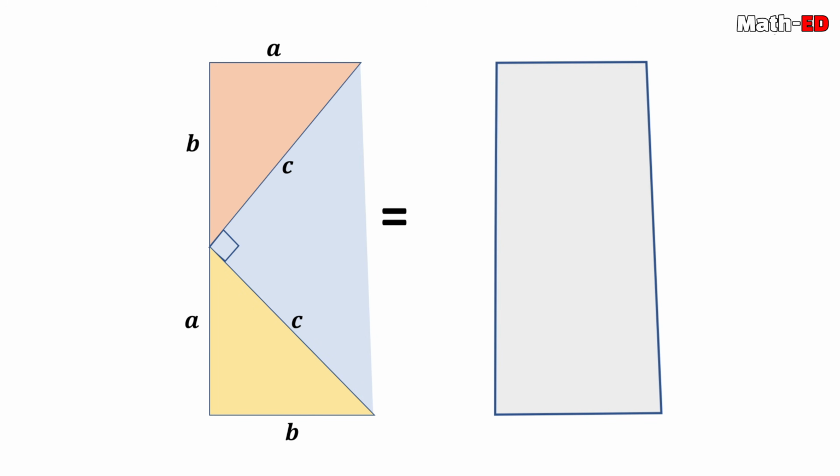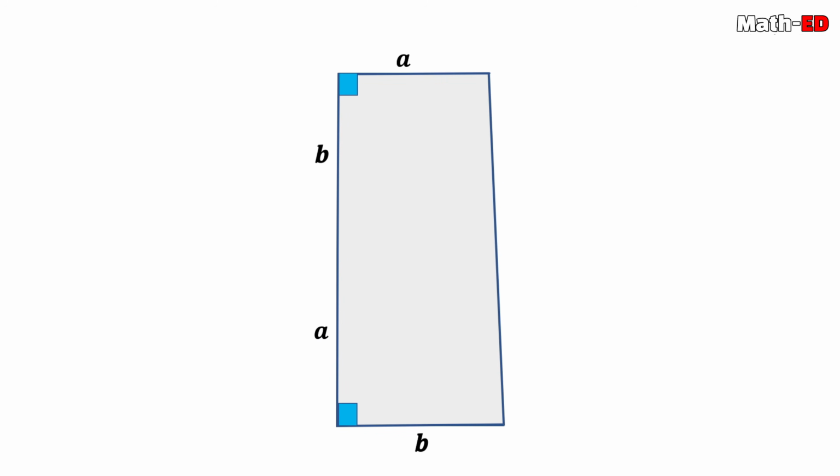In this quadrilateral, you can see these two angles are 90 degrees, so these lengths are parallel. So the area of this trapezium will be equal to half into (a + b), because a and b are its parallel sides, and the length of the height is clearly a + b.